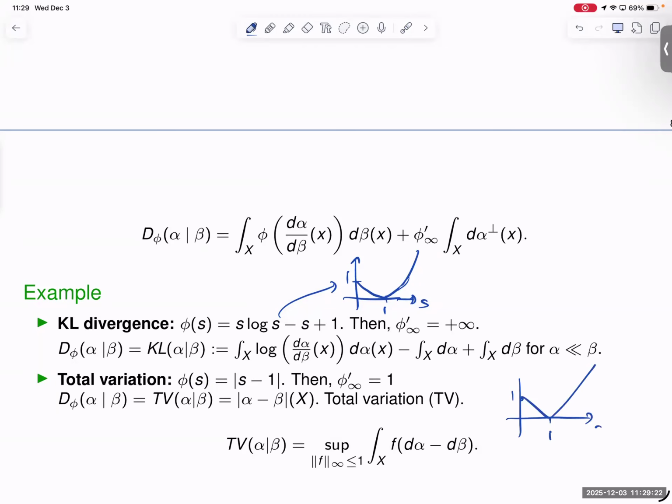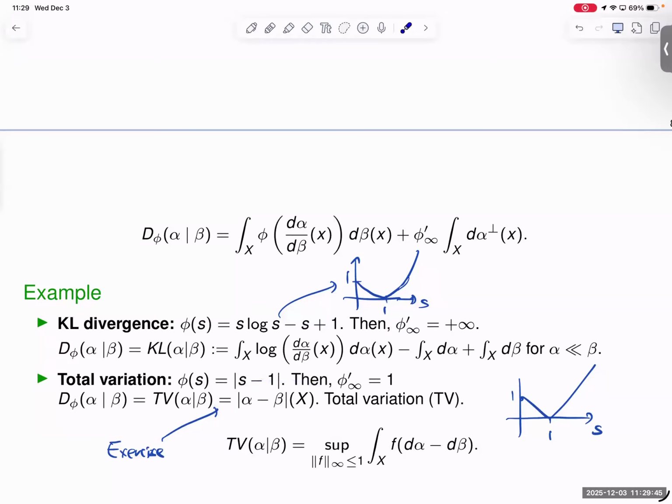It looks like this, right? So this is the phi. And then this phi prime infinity has this slope, which is equal to 1. In this case, you can just compute. Okay, so this is your exercise, to verify that such phi divergence with this phi gives this total variation.